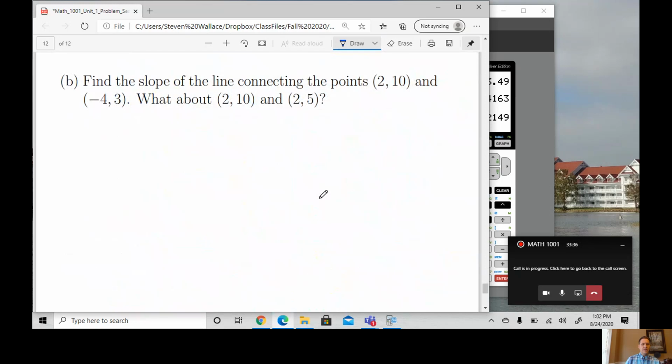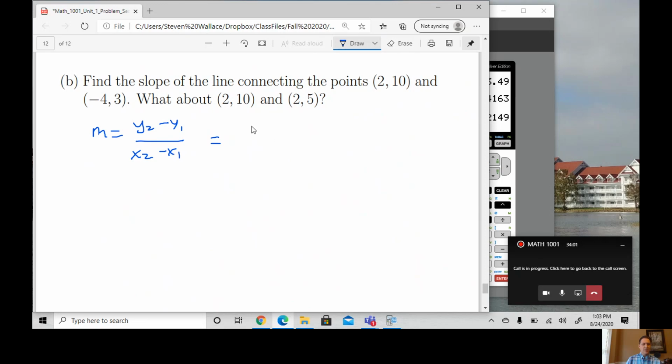So here we just want to use our formula, y2 minus y1 divided by x2 minus x1, to find the slope connecting these 2 points. It doesn't matter which one you choose to be y2 and y1 or x2 and x1, just remain consistent.